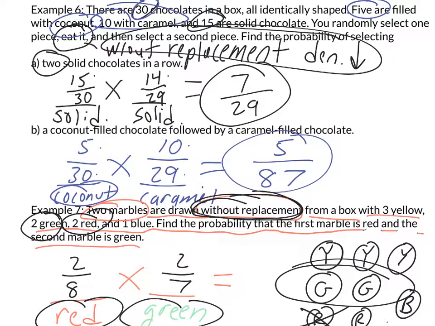You haven't grabbed a green yet. So there are 2 out of 7 is the likelihood you get a green marble. You get one of those 2 green. So you're going to type in 2 8ths times 2 7ths into your graphing calculator, math button, frac enter as usual, and you should get 1/14 as the final answer if you do it correctly.